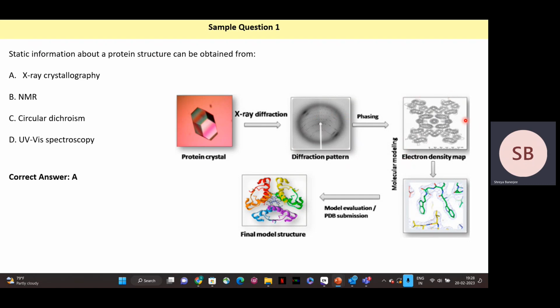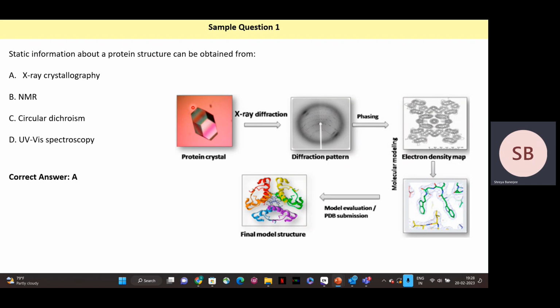So from the electron density map, you can get an idea of which groups there are. Suppose in regions of high electron density, it can be an aromatic group and so on. And from the molecular modeling, you can get an idea of the final 3D structure of the protein using Fourier transformations.